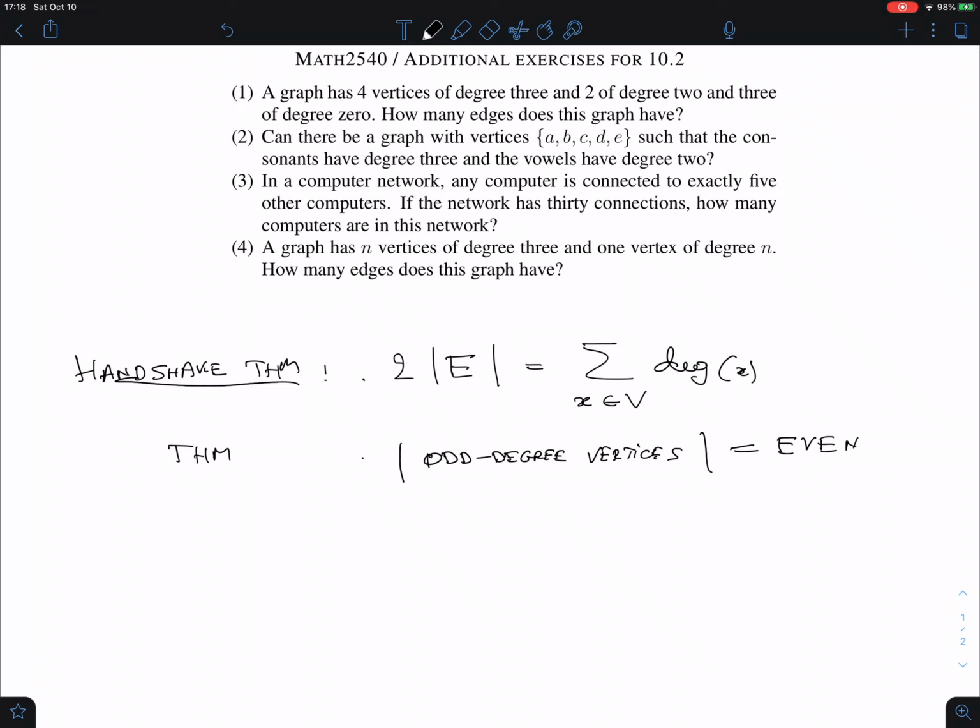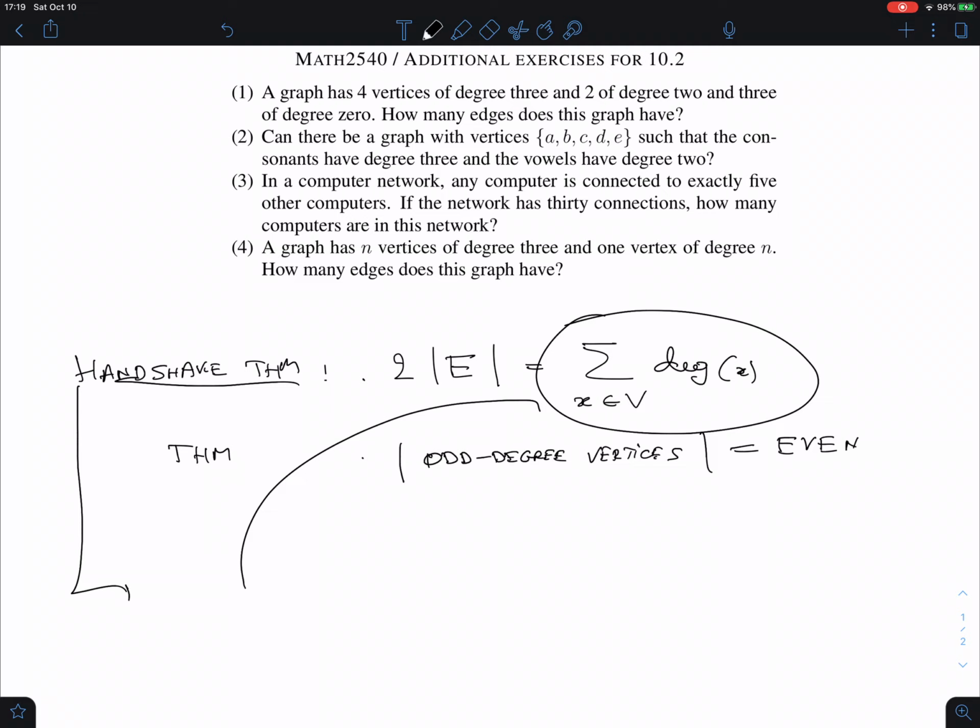But let's assume that I've been truthful here. I gave you something that possibly exists, but the question remains, how many edges does this graph have? Well, we use the handshake theorem. What we have to calculate is this sum. The vertices are divided in three types: the ones of degree 3, the ones of degree 2, and the ones of degree 0.